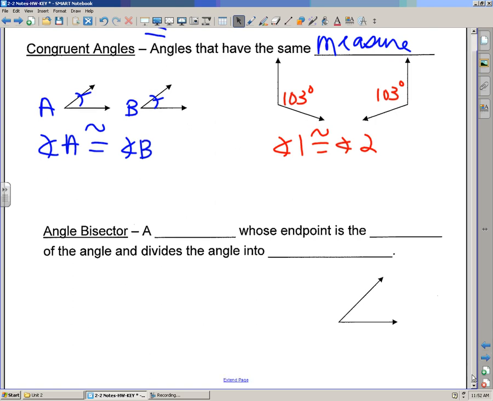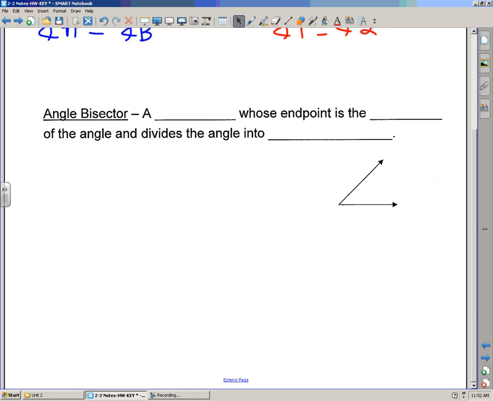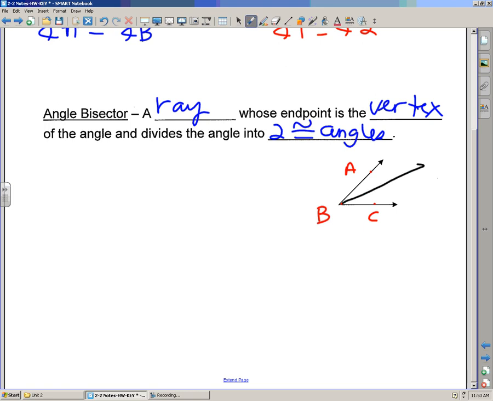Last but not least is the angle bisector. The angle bisector tends to be a ray whose endpoint is the vertex of the angle and divides the angle into two congruent angles. So if we have this angle right here, and we are going to label it with 3 letters, we're going to call it A, B, C, and we shoot a ray from B, and we have that D, the only way that I know that that ray is an angle bisector is because something in the drawing has to be marked.